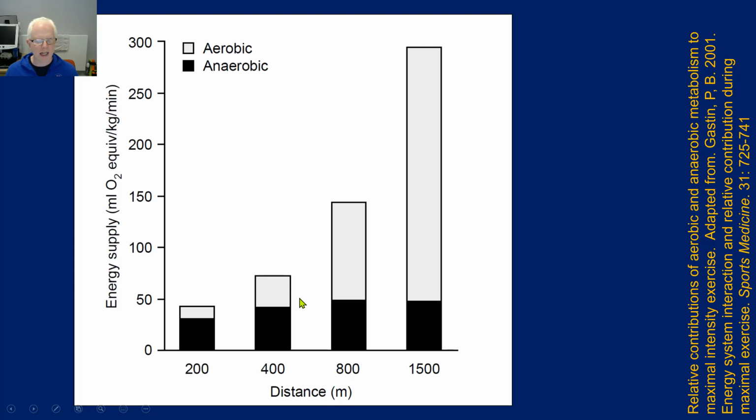So that's the total energy cost. The anaerobic cost has risen a little bit. It's gone from, let's say 30, probably up to about 40. So we've got a slight increase, but it's looking like the anaerobic contribution is just over half of the total energy contribution for a 400 meter race.